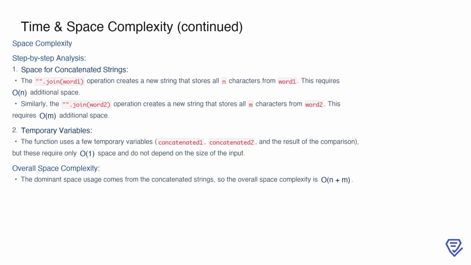Apart from this, the function uses a few temporary variables such as concatenated1, concatenated2, and the result of the comparison. These variables occupy constant space, or O(1), regardless of the input size. As a result, the overall space complexity is dominated by the storage of the concatenated strings, making it O(n + m).